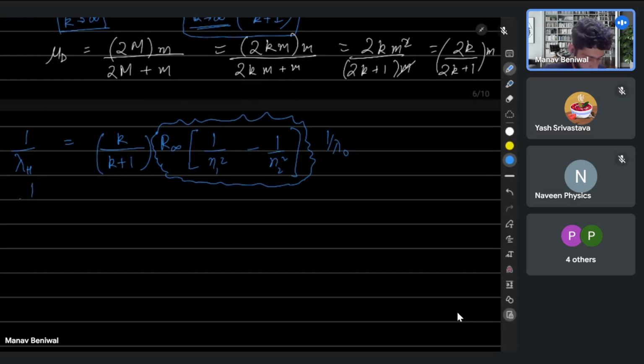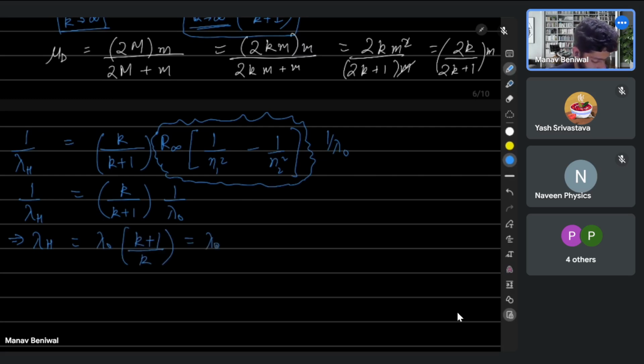So our 1 over lambda h now becomes k over k plus 1 times 1 over lambda naught, and our lambda h then becomes lambda naught times (k plus 1) over k, which equals lambda naught times (1 plus 1 over k). Okay, this is fine.